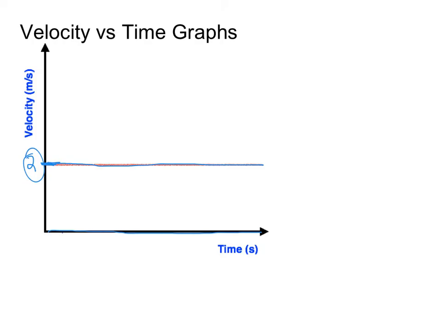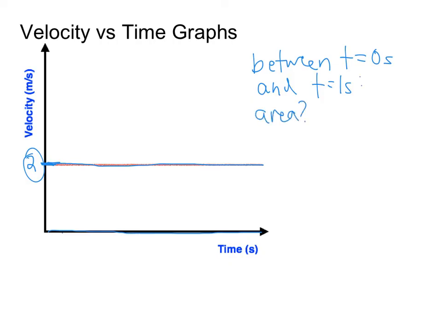And a region is going to be caught up between an interval of time that we're referencing. So if I'm talking about between t equals 0 seconds and t equals 1 second, what's the area? Well, we just take 0 seconds here, 1 second here, and the space that's caught in between here is this rectangle.